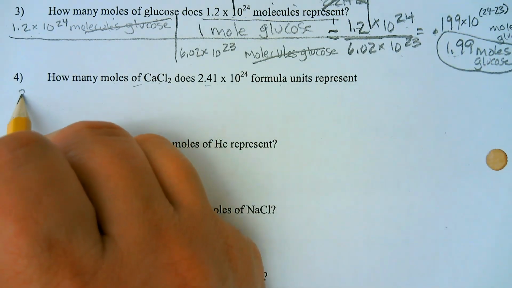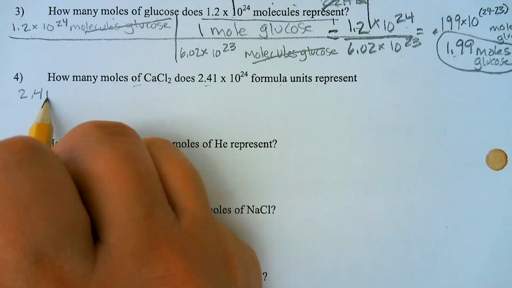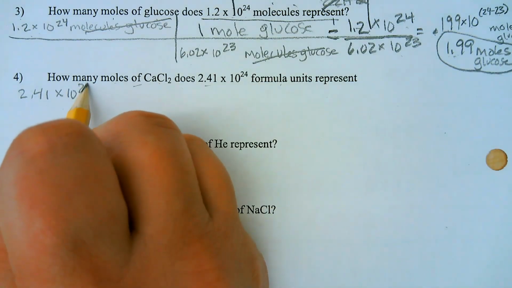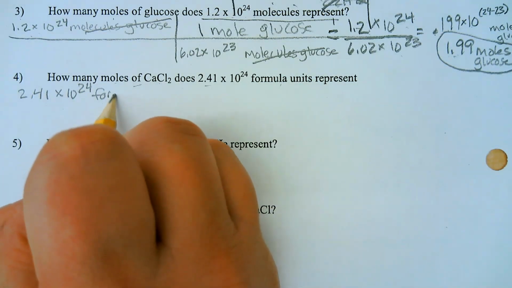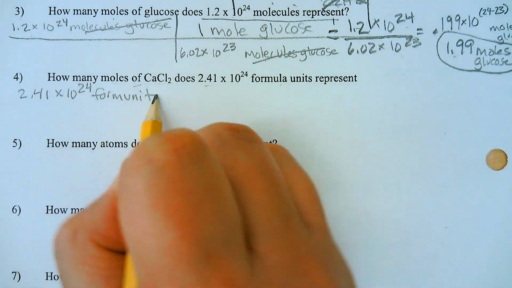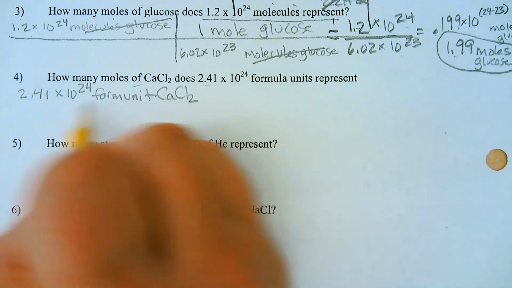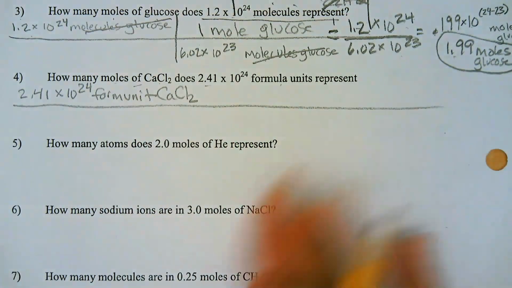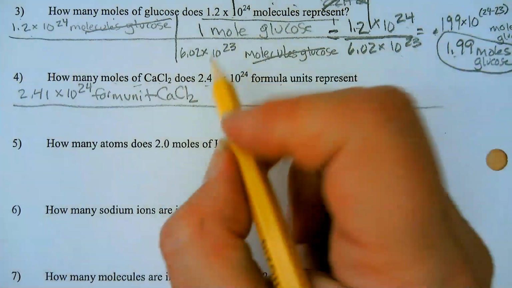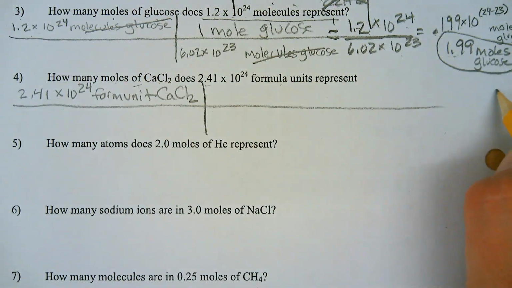So 2.41 times 10 to the 24th formula units of calcium chloride. And we want moles of calcium chloride.